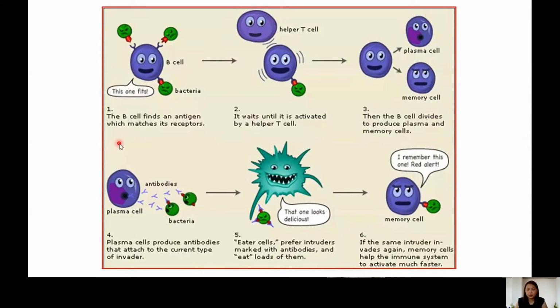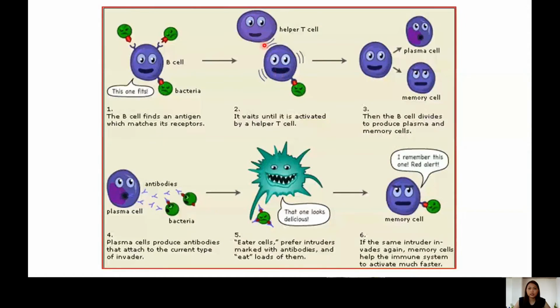And then remember, the function of the T cells is that they will recognize B cells or pathogens that are tagged by the B cells. So here, the helper T cell recognizes that the B cell has an antigen or a bacteria. The helper T cell will now activate the B cell.